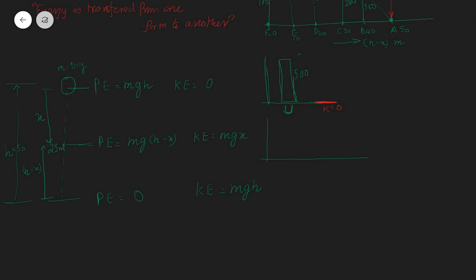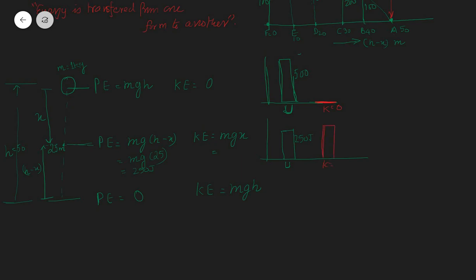So your u here would be 250 joules, because at 25 meters, that's mg into 25, that's 250 joules if mg is 10 Newton. So this is your u, and then here you have the kinetic energy.